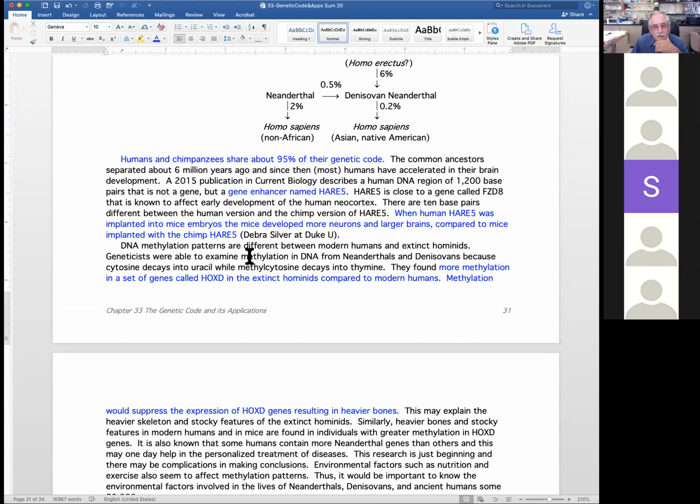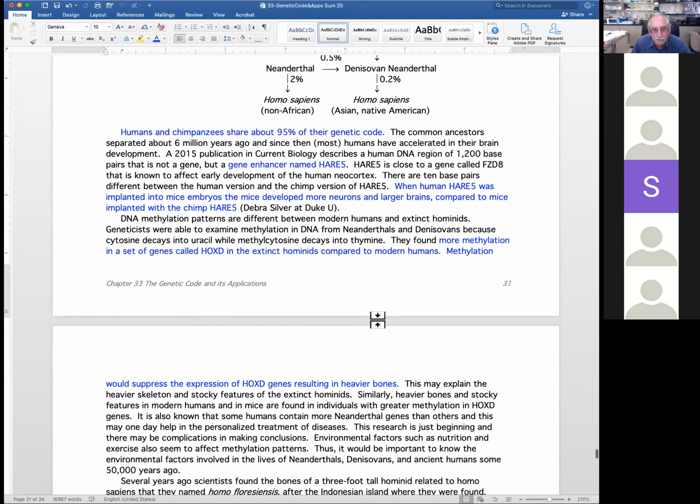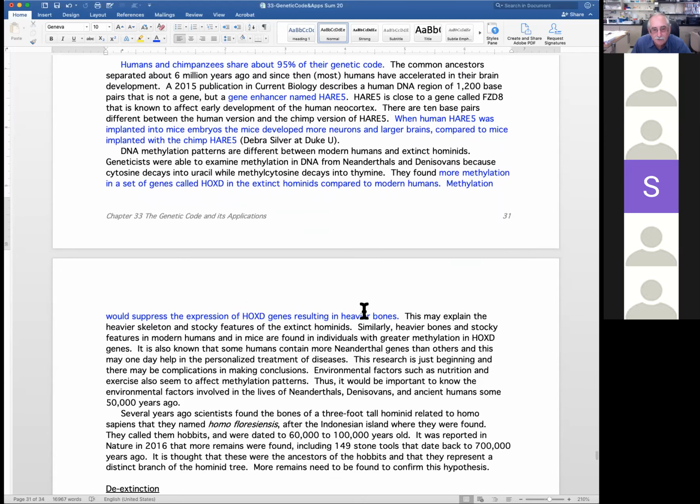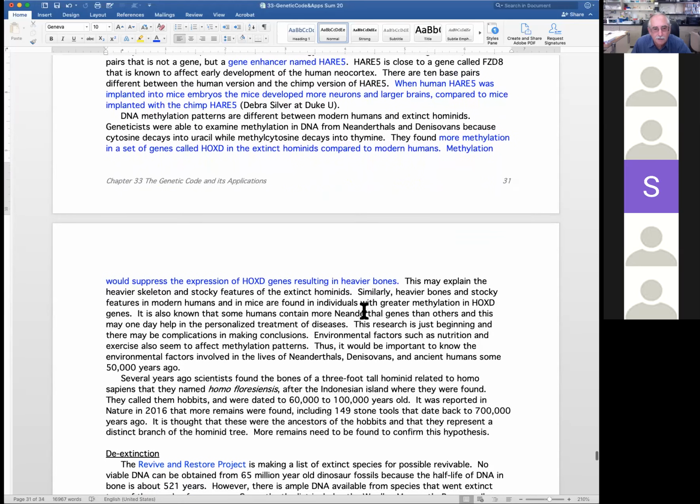Methylation patterns are different between now and a long time ago. So that's another point they're trying to look at. This HOXA gene was kind of important because if you suppress the expression of the HOXA genes, you get heavier bones and you start looking more and more like a Neanderthal.